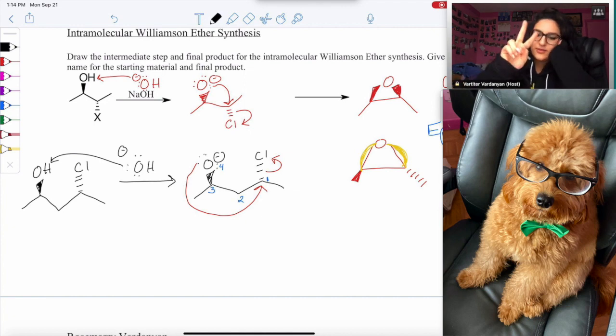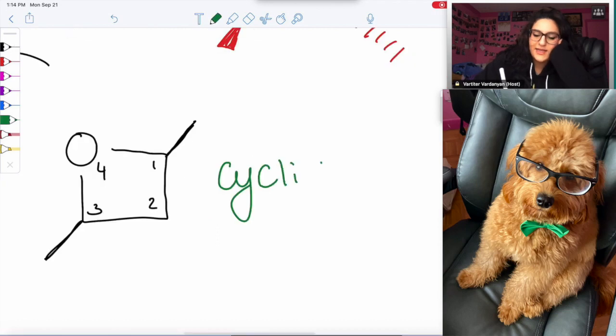And we have 2 methyl groups as our substituents, and they will be on number 1 and number 3. And the reason I draw this is, again, to drill home that point that our product here is a cyclic ether, but it is not an epoxide.